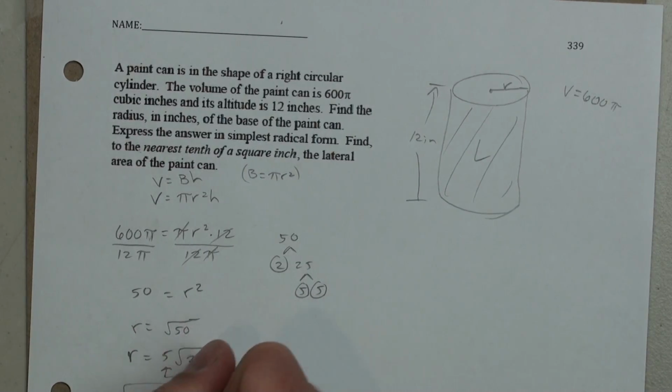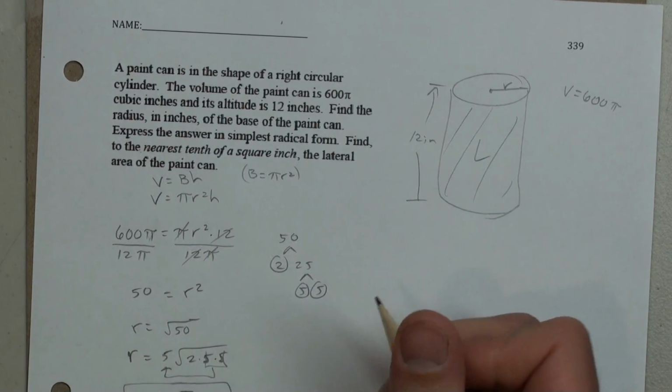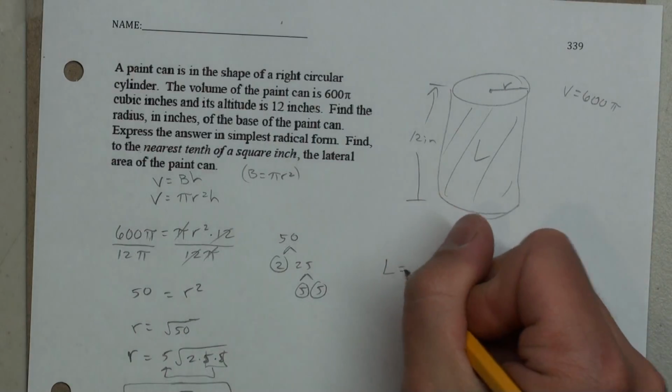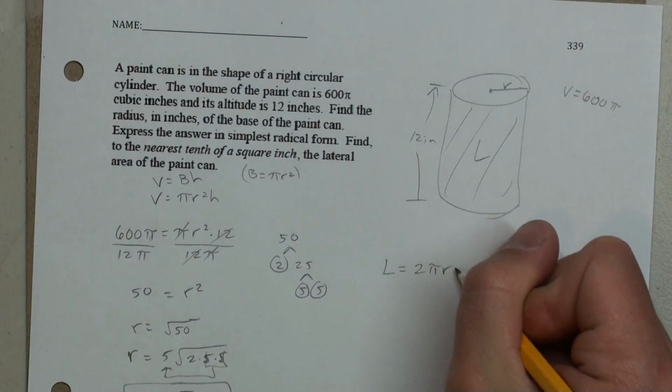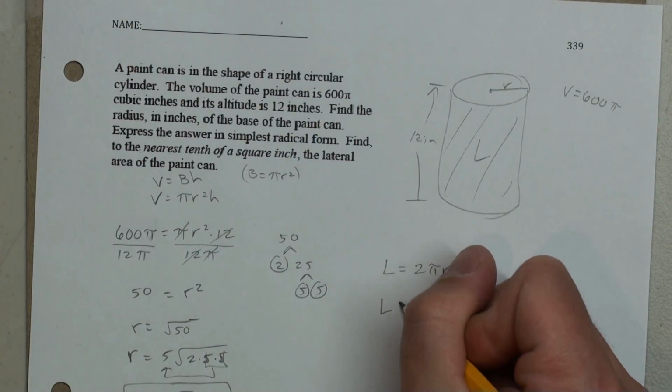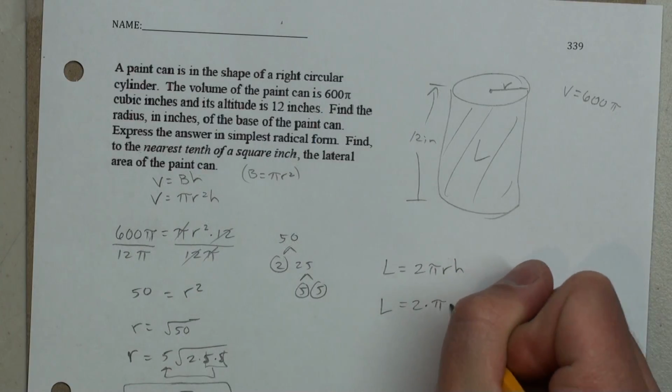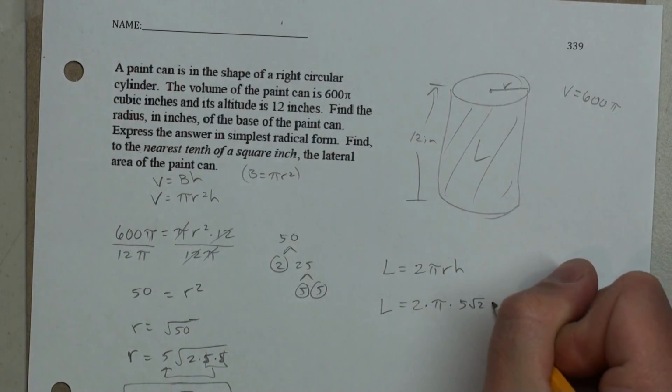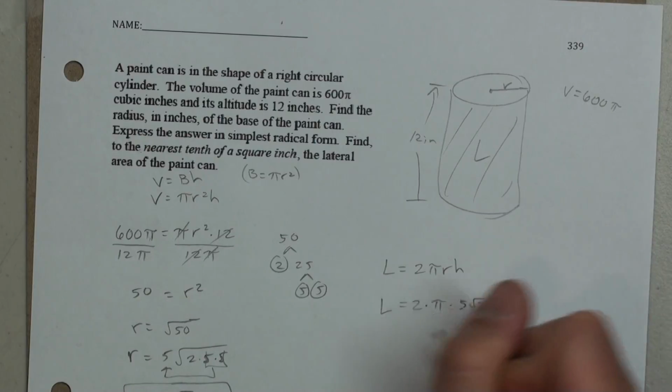Now, L is 2 pi rh. So L is 2 times pi times 5 radical 2 times 12.